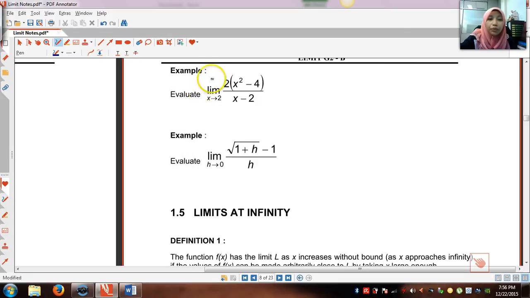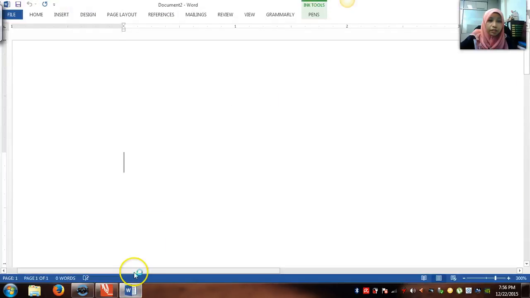We have to use the theorems there to find the limit of (2x squared minus 4) over (x minus 2), as x approaches 2. Alright, so I write down the limit on the sketch paper and solve it.